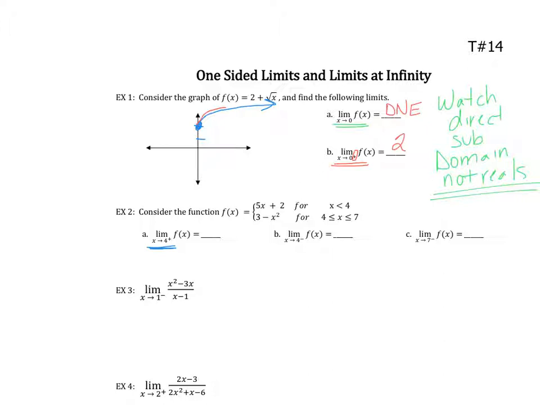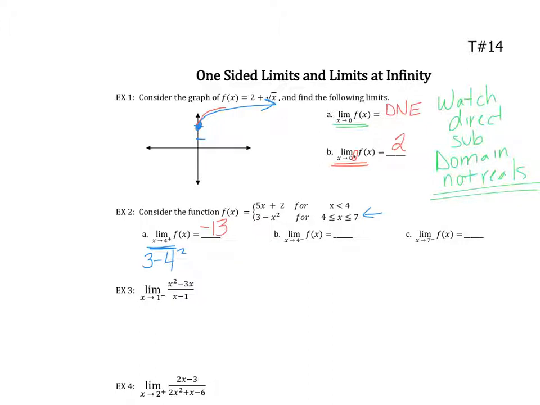If I'm coming in from the right, that's for values greater than 4, like 4.001. So I have to look at this bottom one, and I would go 3 minus 4 squared, and I would get a limit of negative 13.